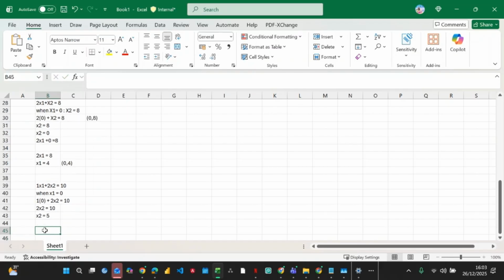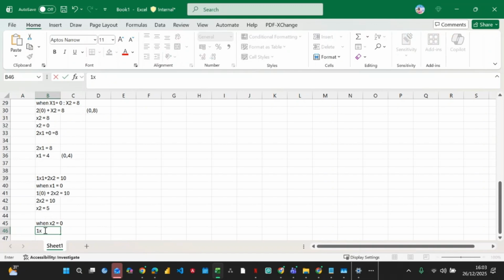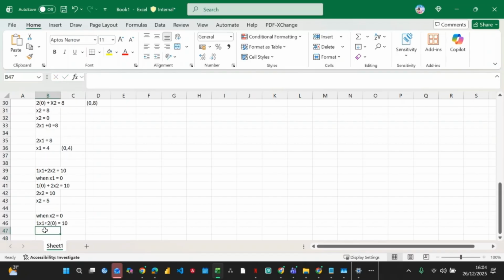That's all. Then when x2 is equal to 0, what do we have? x1 plus 2 times 0 is equal to 10, right?